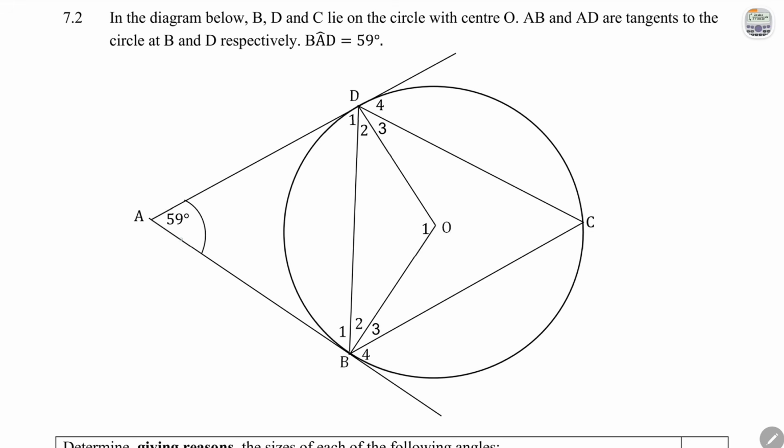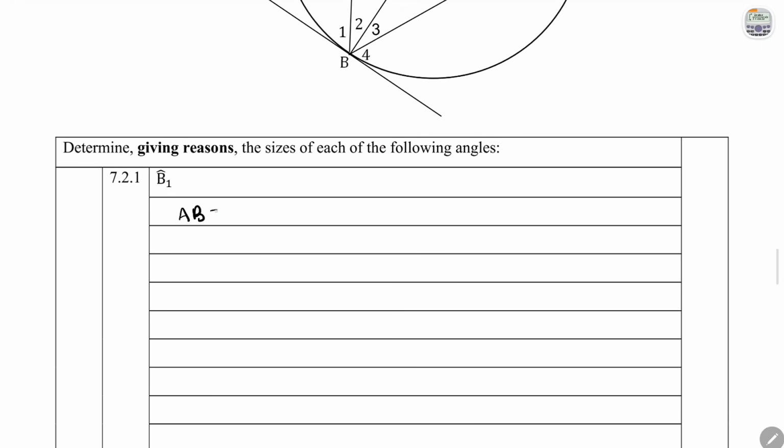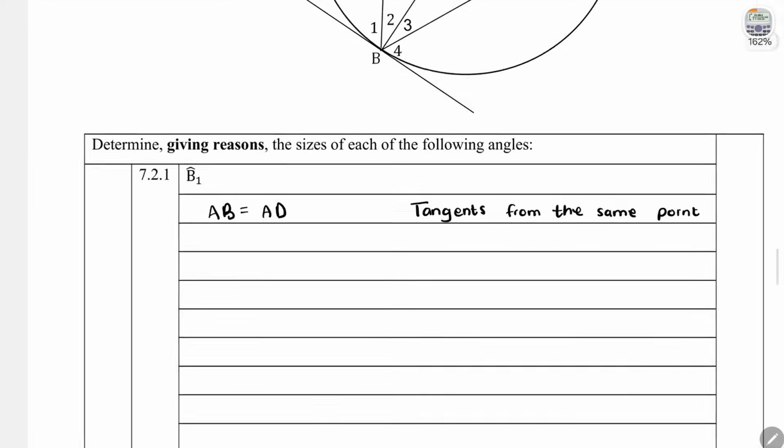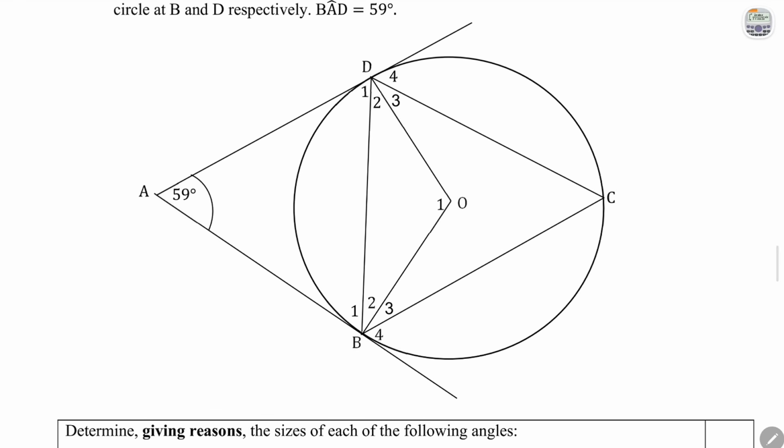Let's start by telling them that AB equals AD, and the reason is because tangents from the same point drawn to a circle are equal. Tangents from the same point are equal. And now we can tell them that these two angles are equal.